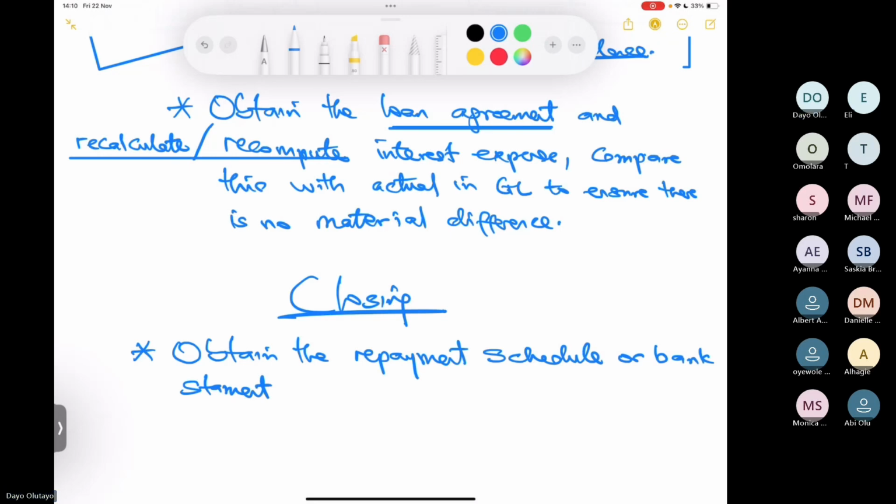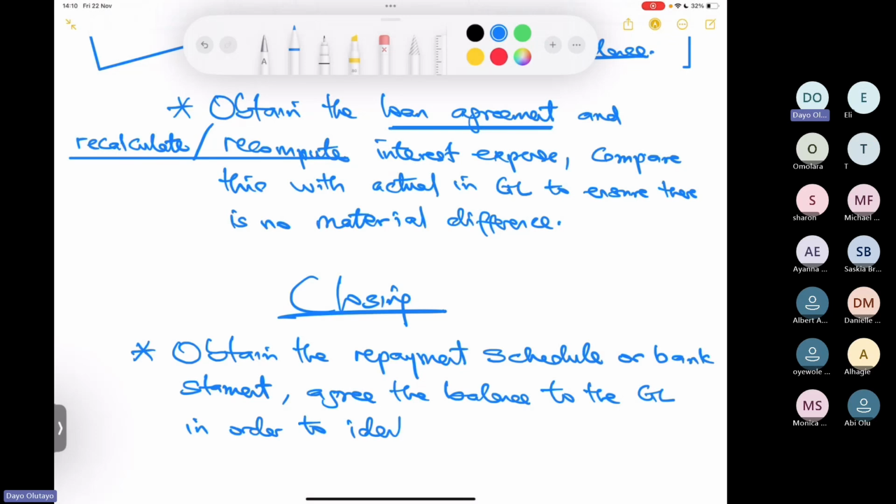But once you obtain it, what are you doing with it? Agree balance to the GL in order to do what? To identify any material difference. Because you don't expect it to be different.